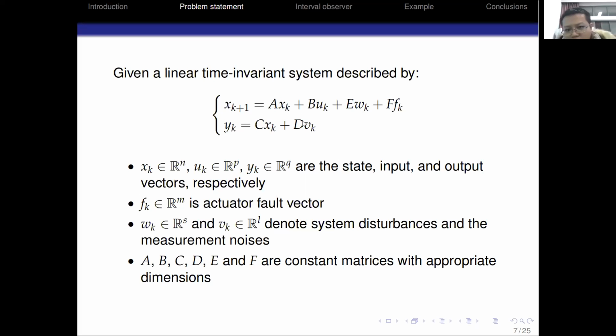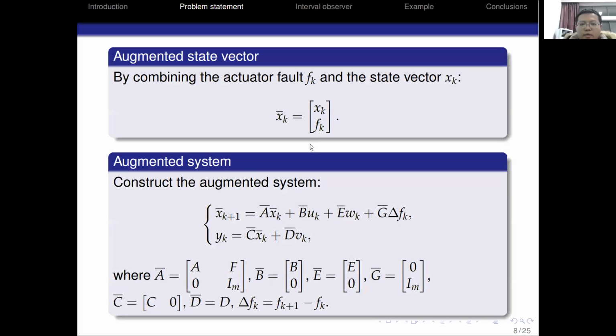These two equations are commonly used in many research works. The others, such as A, B, E, F, C, and D, are constant matrices. A common way to deal with this system is to combine the actuator fault and the state vector into one novel vector. And then we can construct the augmented system as this one.